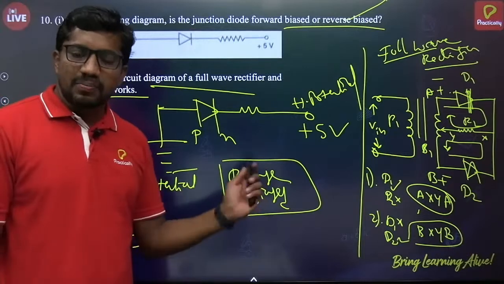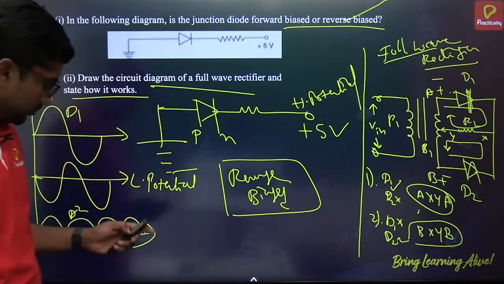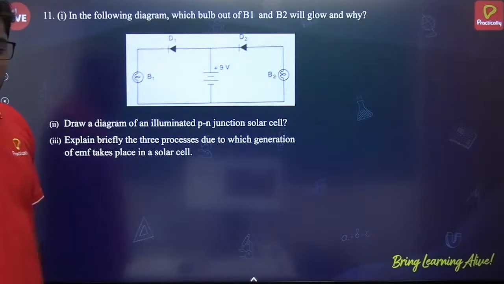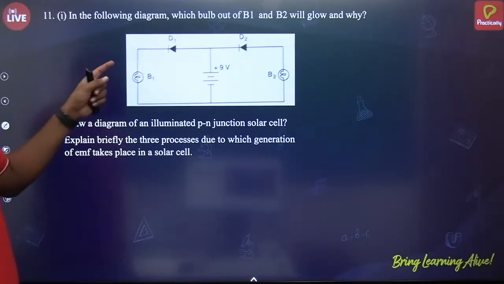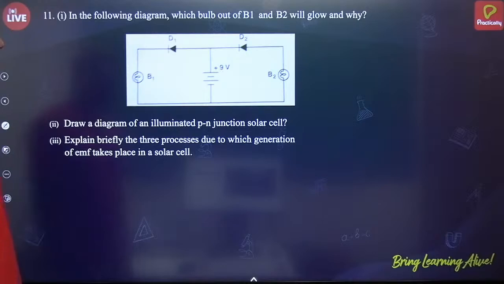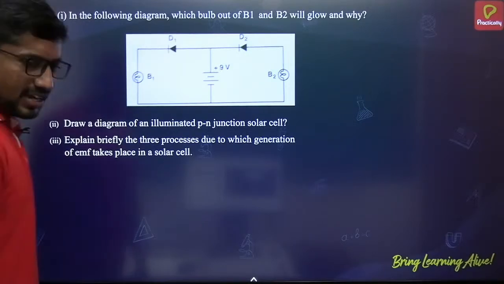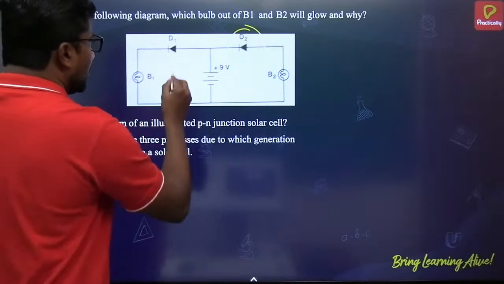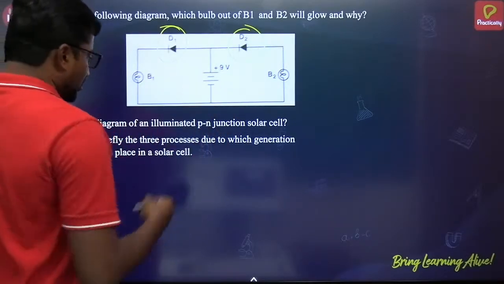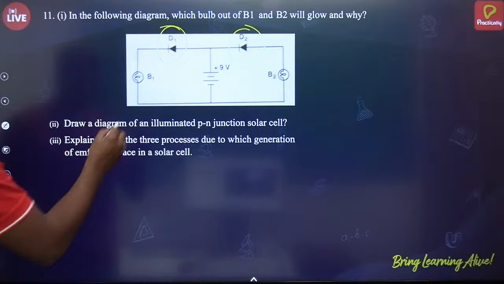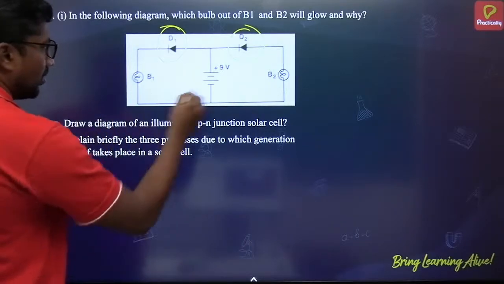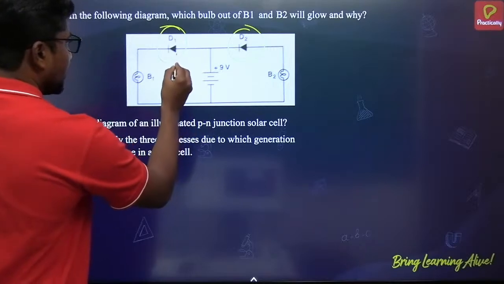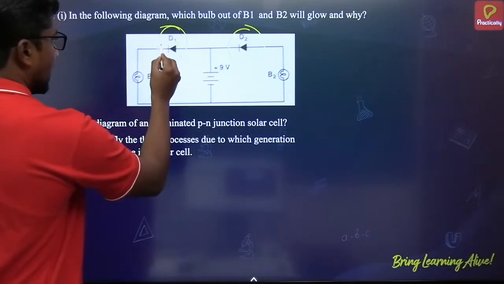Very simple and very easy. See the next question here. 11th question: in the following diagram, which bulb out of B1 and B2 will glow and why? I think a diagram is visible here. Fine. There is diode D2 here and diode D1 here, and bulbs B1 and B2. Here, this is P side, this is N side.